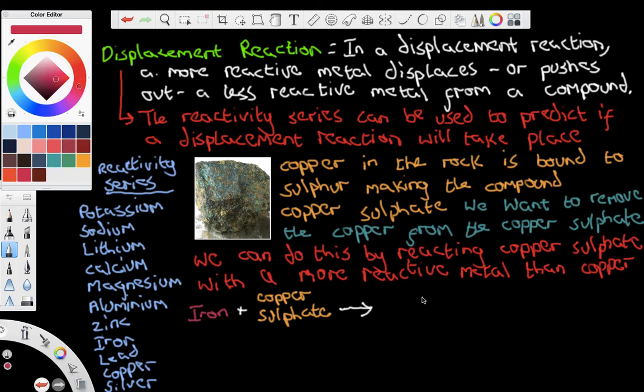So now, instead of having copper sulfate, we will have iron sulfate, and we will have the copper on its own, which we can use.